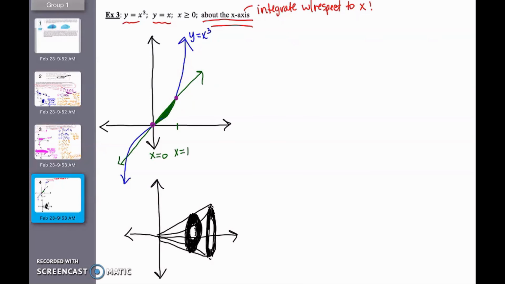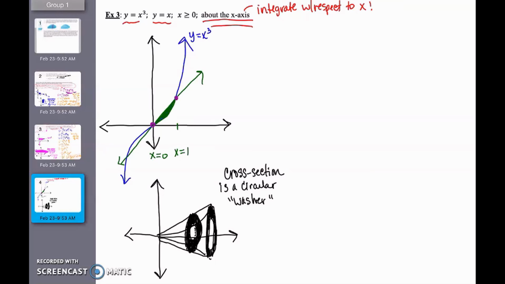So this is a little bit different than the previous problems that we did because in the previous problems we had discs and now we have a washer. So our cross section is a circular washer. And remember, our job is we have to come up with an equation for the area of that washer. Well, if you think about it, a washer is really just a disc with the center cut out, right?